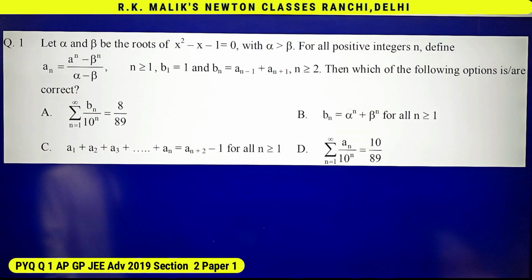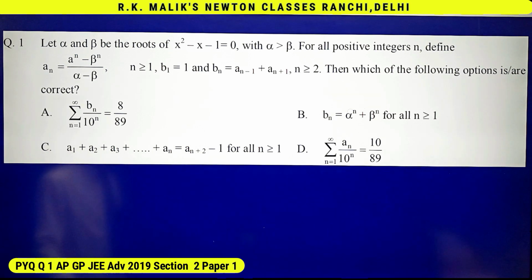As I have told you many times, in case of a multiple answer question, you should always start checking the choices from the easiest choice, because many times the examiner gives the choices in such a way that the result of one choice is used in the other choice.